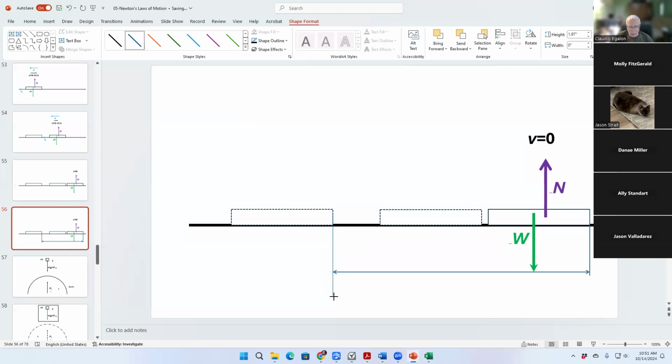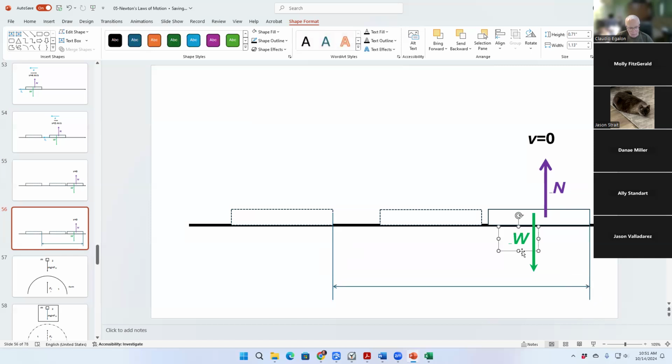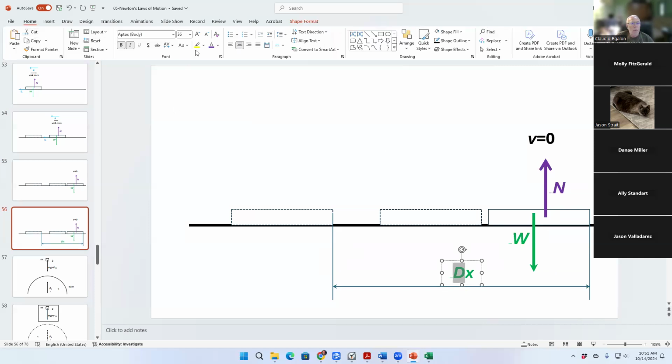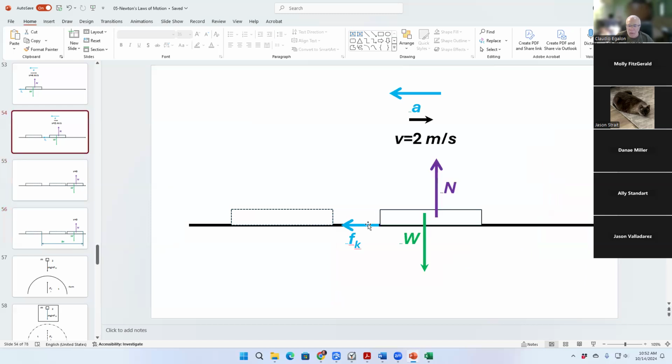Let me go a little bit lower than that. The displacement here is going to be delta x. Delta x, like that. That's what they are asking. There's one more thing missing here, right? Oh, okay, there's no force here anymore.